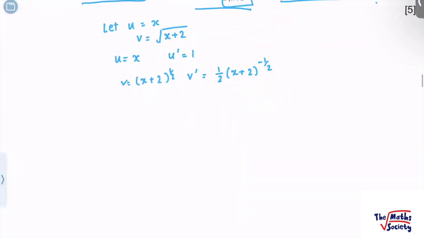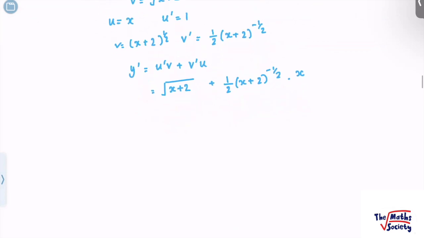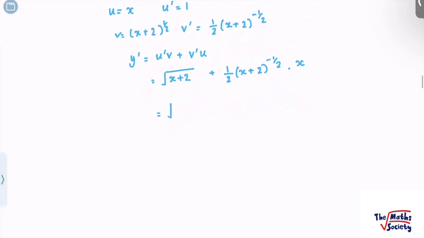So we know that to differentiate, it's u prime v plus v prime u, and that's just going to be u prime, which is just 1, times v, which is root x plus 2, plus half x plus 2 to the minus half times u, which is x. So then it's root x plus 2 plus x by 2 root x plus 2.